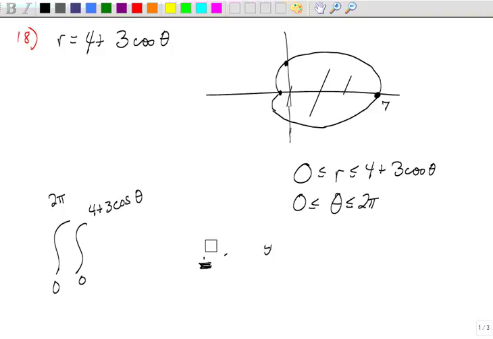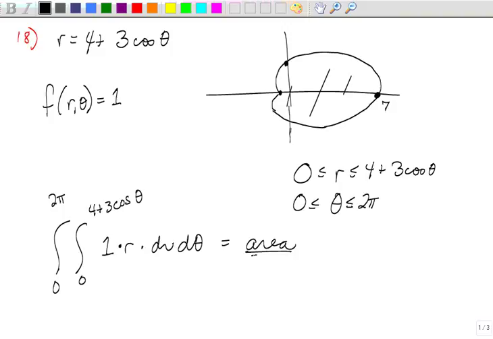Again, this is two-dimensional, so we let f of x be 1. So f of r, theta is 1. Because in number 18, we just want the area of the region. I'm not going to evaluate that because that's pretty easy to do. I'll let you do that, and I'll just set it up for you.